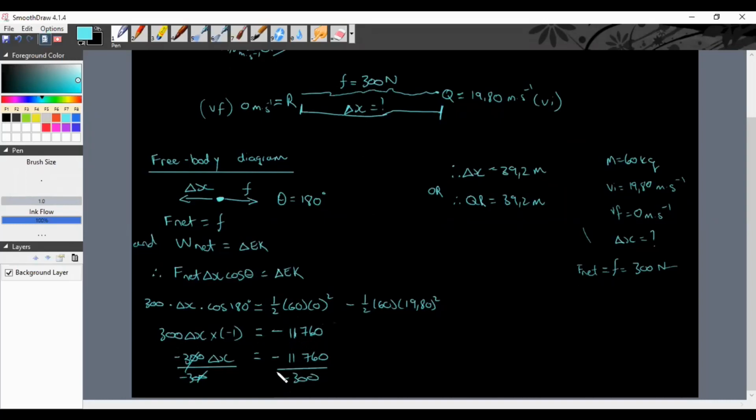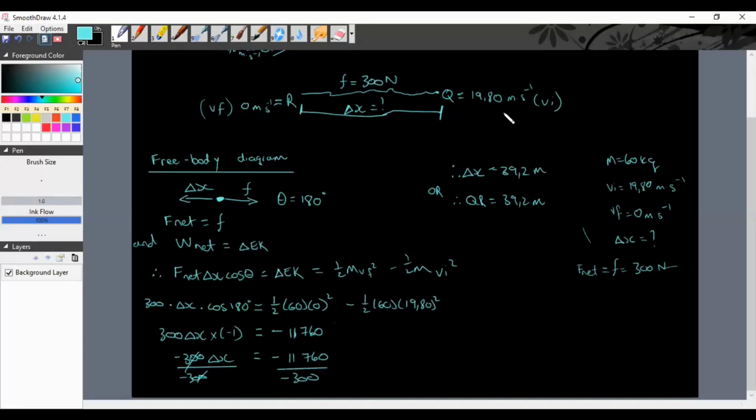Do you understand why that is incorrect though? This change in EK we know to be equal to half m vF squared minus half m vI squared. At point R, VF is equal to 0 meters per second.